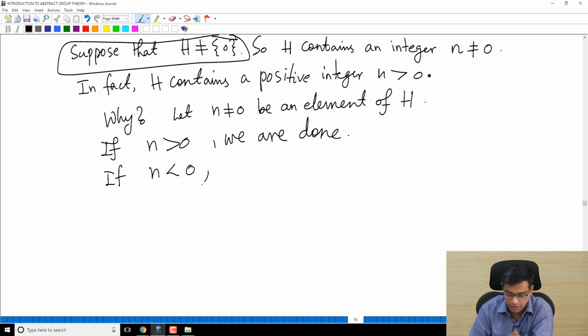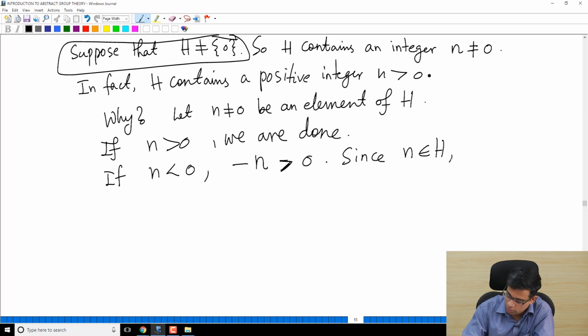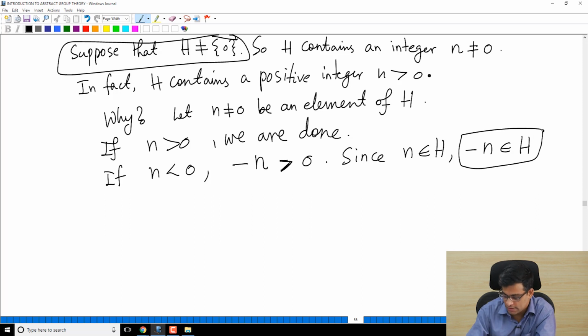If n is less than 0, remember n is different from 0, so n is either strictly more than 0 or strictly less than 0. If n is less than 0, minus n is positive, that is, minus n is greater than 0. But I claim that since n belongs to H, minus n also belongs to H. Why is this? This is because H is a subgroup.